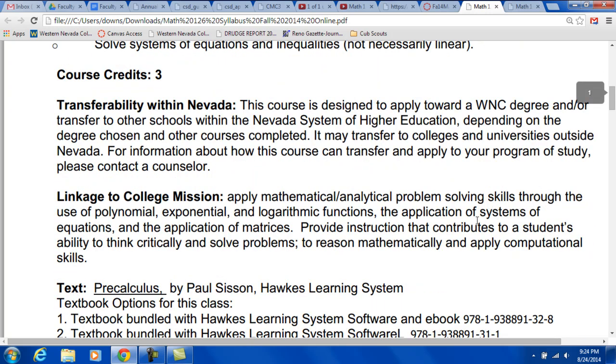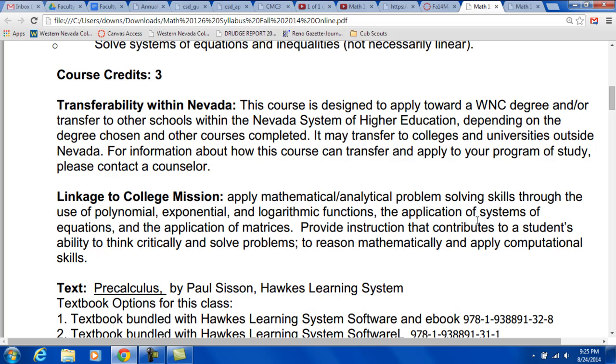This is a 3-credit course. A transferability within Nevada. This course is designed to apply toward a WNC degree and/or transfer to other schools within the Nevada system of higher education, depending on the degree chosen and other courses completed. It may transfer to colleges and universities outside Nevada. For information about how this course can transfer and apply to your program of study, please contact a counselor.